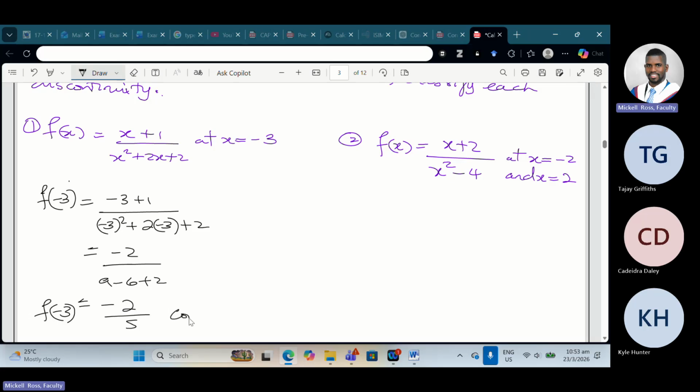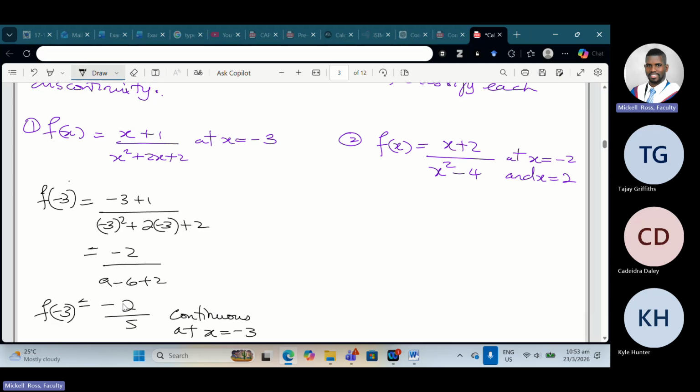So this is continuous at x equal to -3. Why can we say it's continuous? Because when x is equal to -3, we get a value, which would be, in our case, the y value, because that's the value that we're going to use to represent the coordinate.